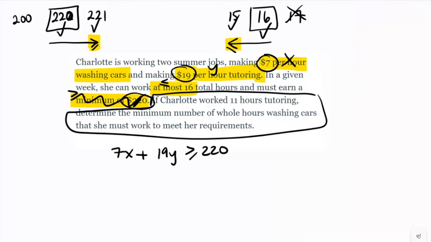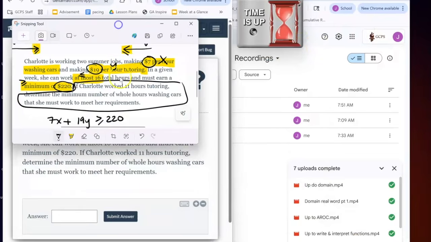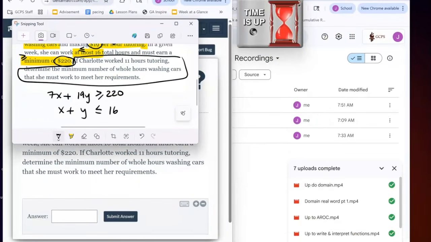So I have used this, this, and this. The only thing left is 16, and we know that's less than or equal to, but I need to make my sentence. How do I complete my sentence? X plus Y. All right, once I have my 2 inequalities, I just need to put that in the calculator so I can see what my solutions would be.